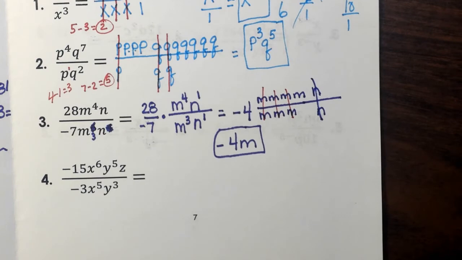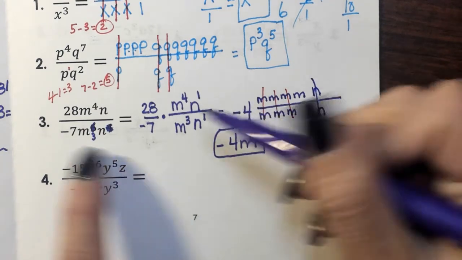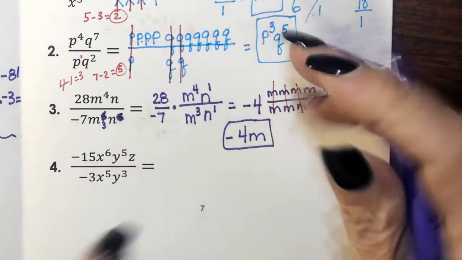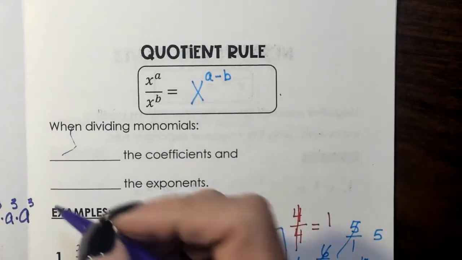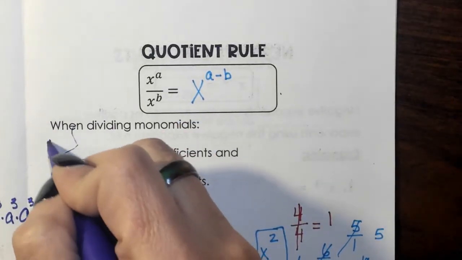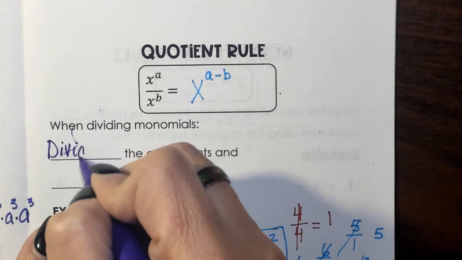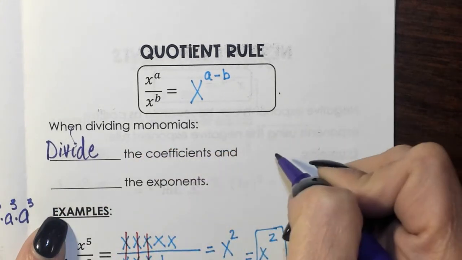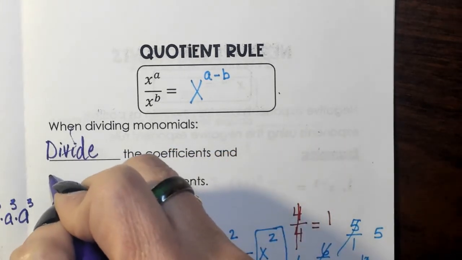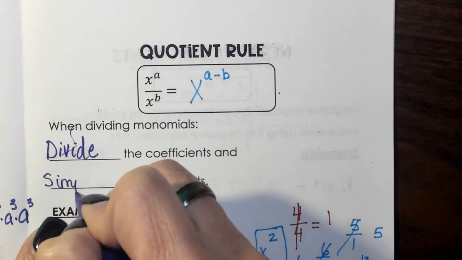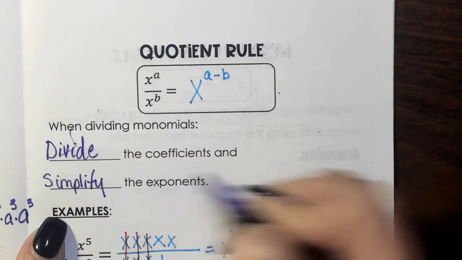Oh, you know what? I need to go fill it out. What did we do right here? We divided the coefficients. I'm going to go back up here. We divide. How do we solve it? We divide the coefficients and then we simplify the exponents.